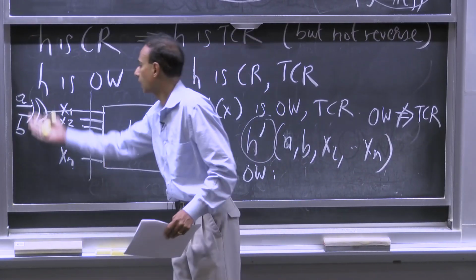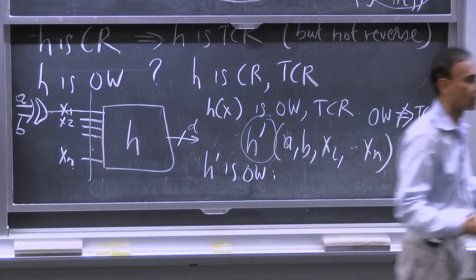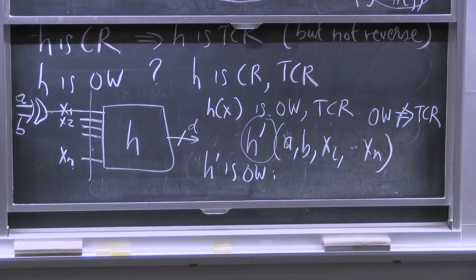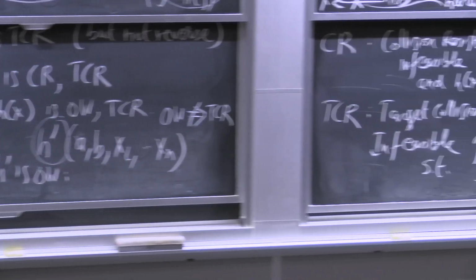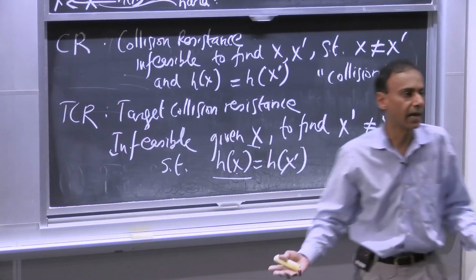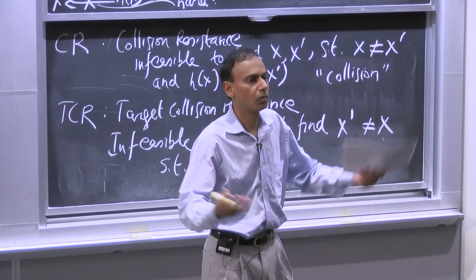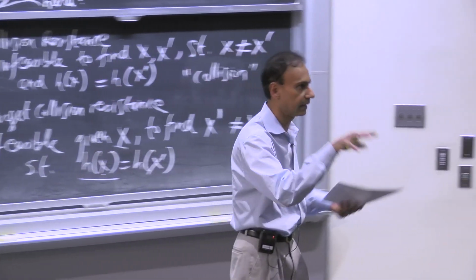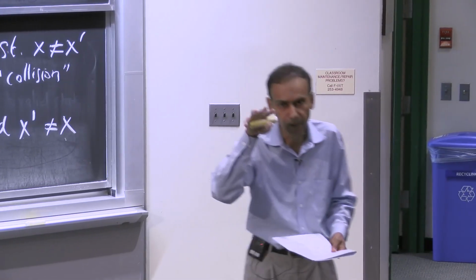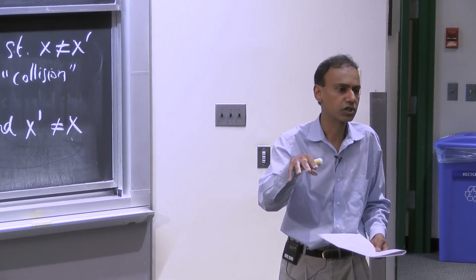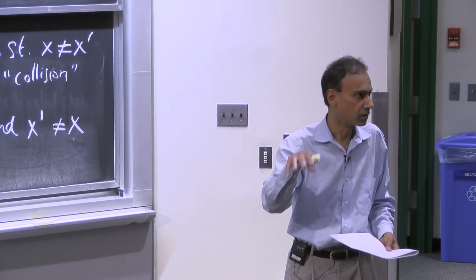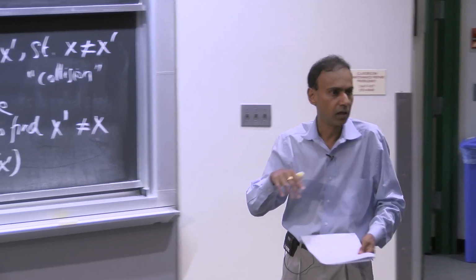But you know what? I've got target collisions galore, right? All I have to do is flip. I have A equals 1 and B equals 1, and I have A equals 0 and B equals 0. They're going to give me the same hash, right? So trivial example, but that gets to the essence of the difference between collision resistance, target collision resistance, and one-wayness. All right?